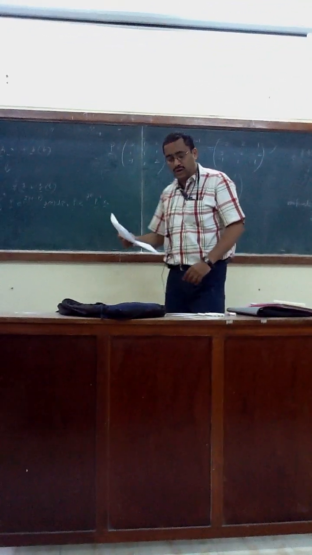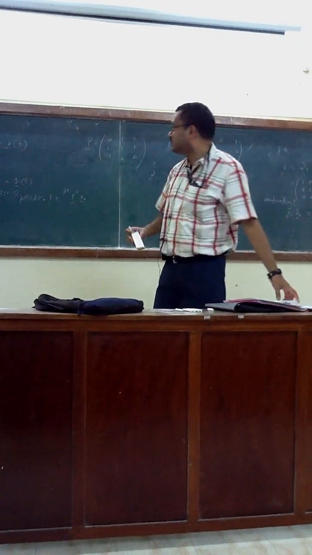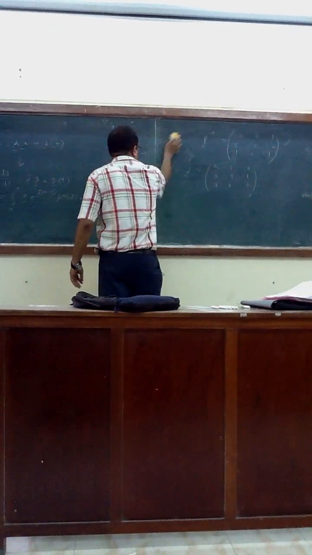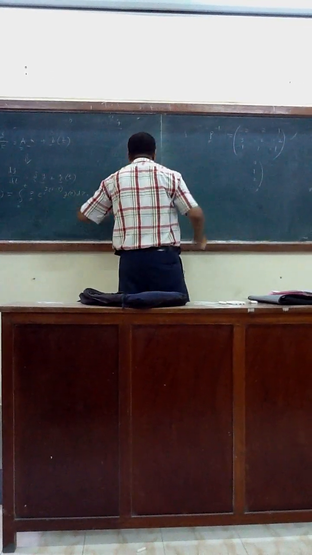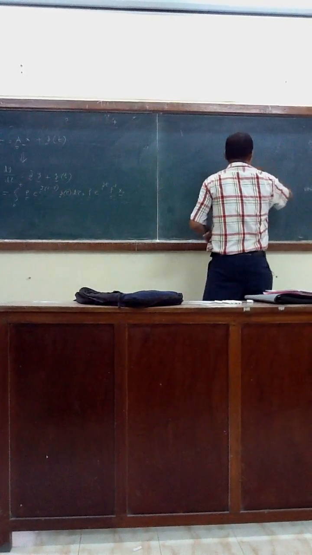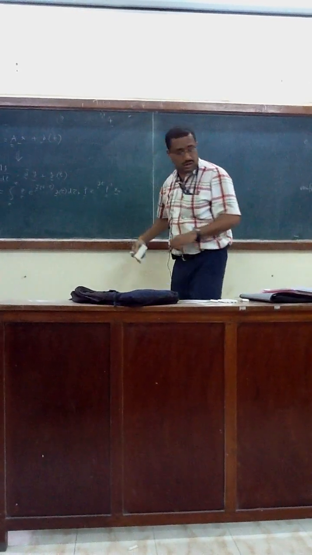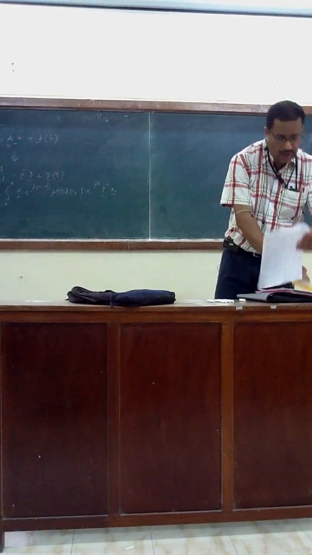So how to calculate e to the power Jt then? All those things have to be done before going to the final step. Otherwise, you will get a wrong result, and you will be getting fewer marks in the exam.